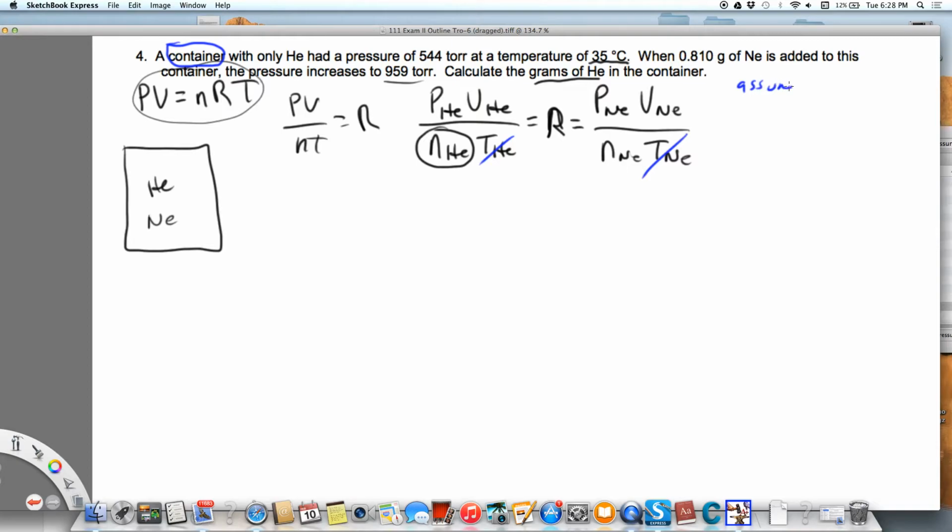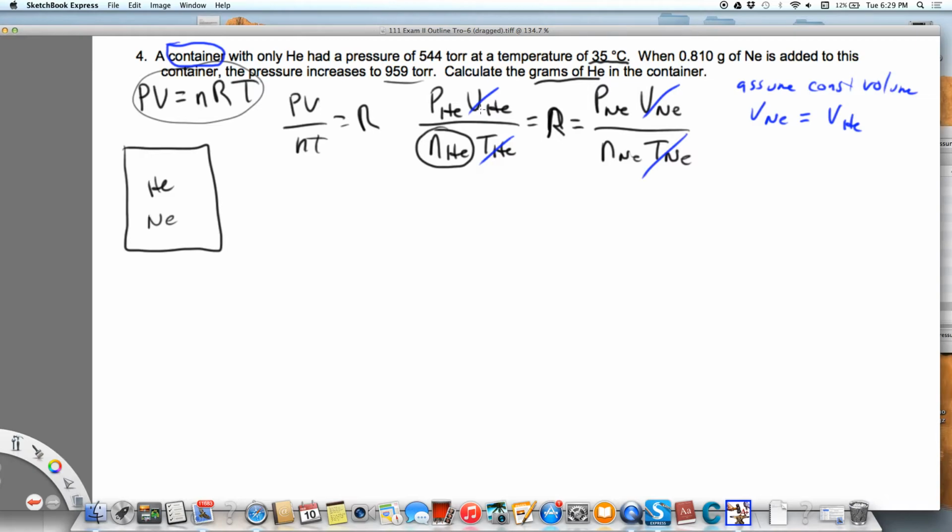So that means that the volume of neon equals the volume of helium, because a gas always fills its container. So we can get rid of the volumes of helium and neon.